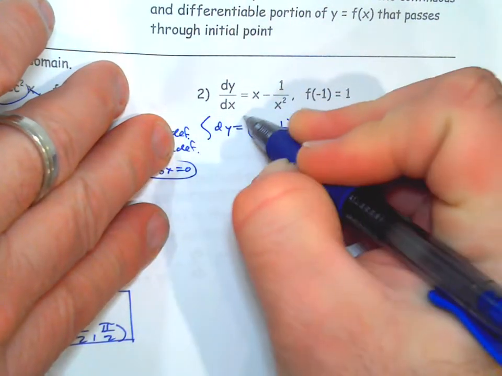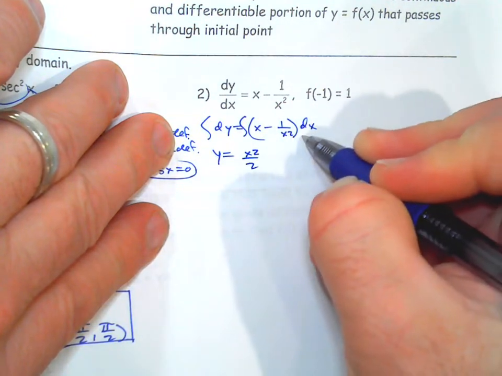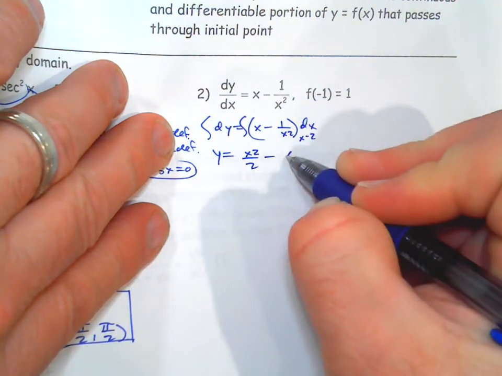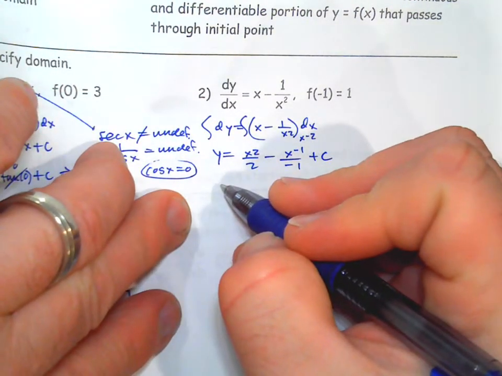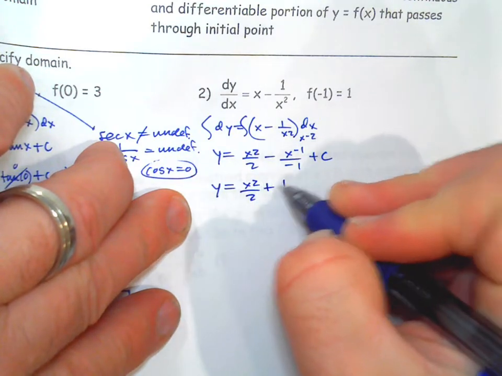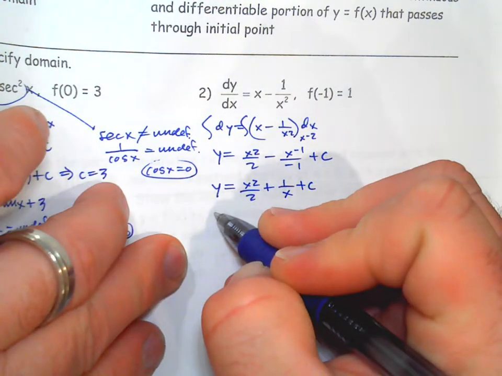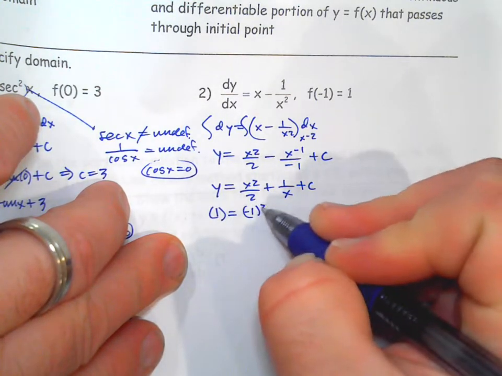We integrate both sides. X squared over 2. This is x to the negative 2, so it's going to be x to the negative 1 divided by negative 1, plus c. We could write it a little nicer, plus 1 over x. Initial condition: plug 1 in for y, negative 1 in for x.